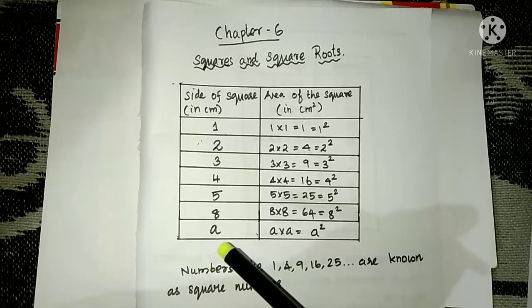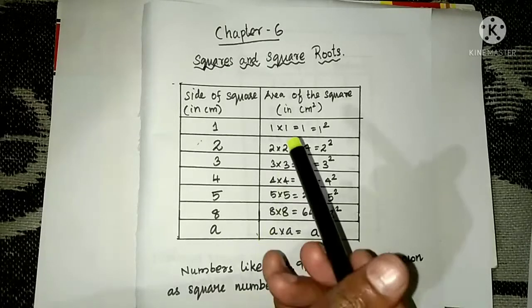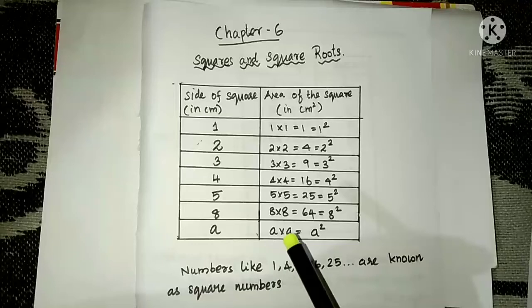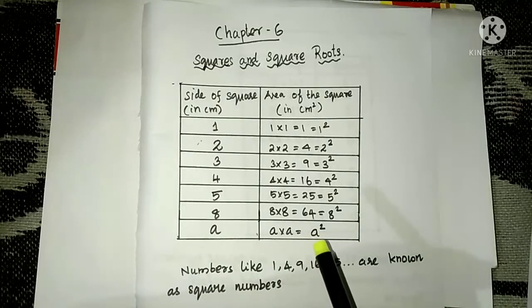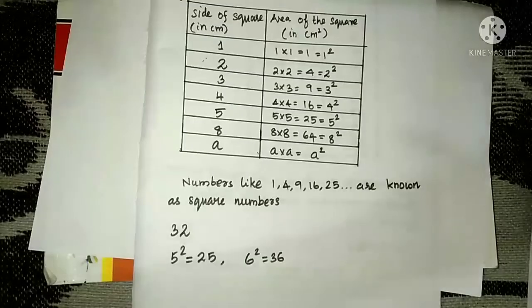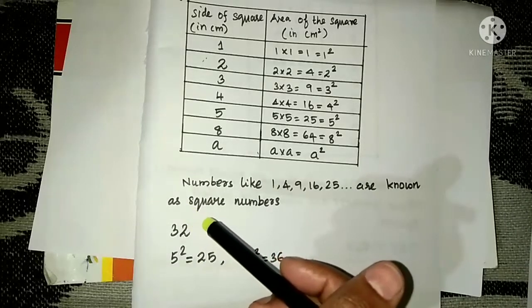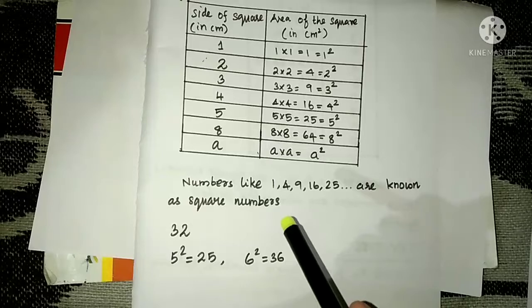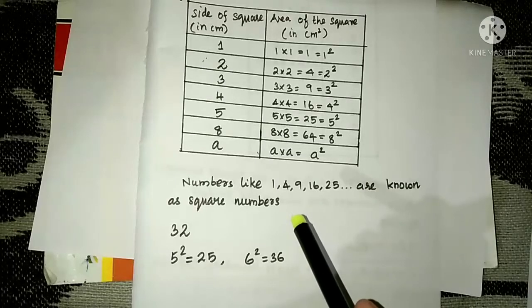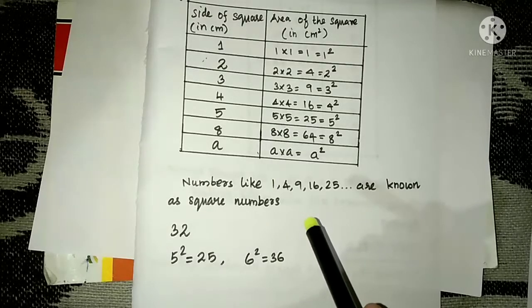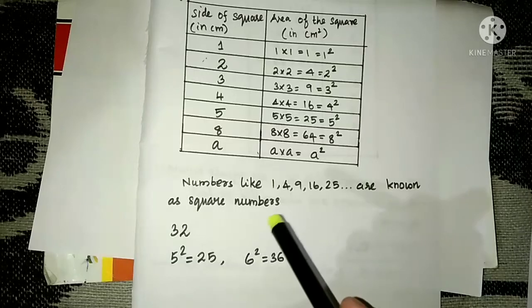So if the side is a, then the area is equal to a into a, that is equal to a squared. Numbers like 1, 4, 9, 16, 25 are known as square numbers.